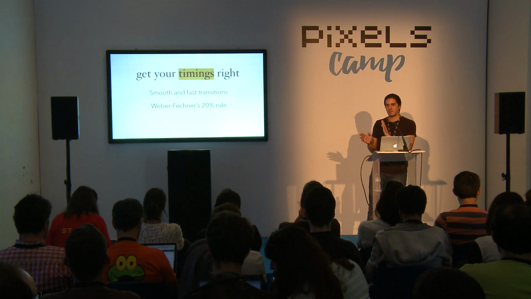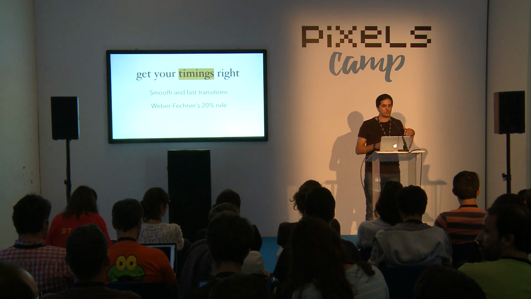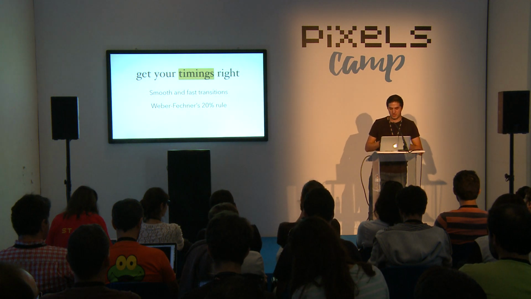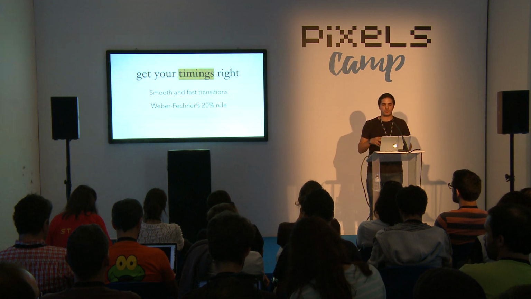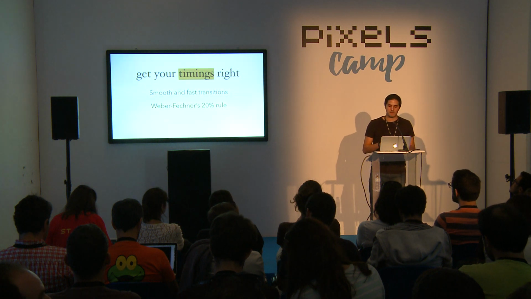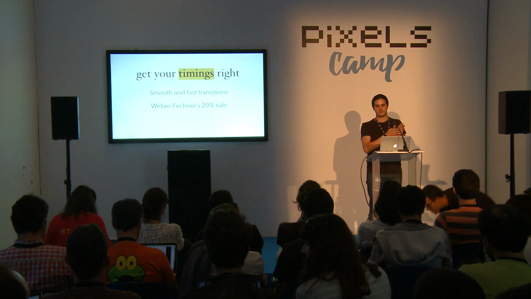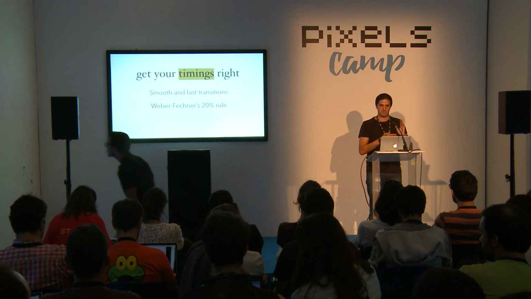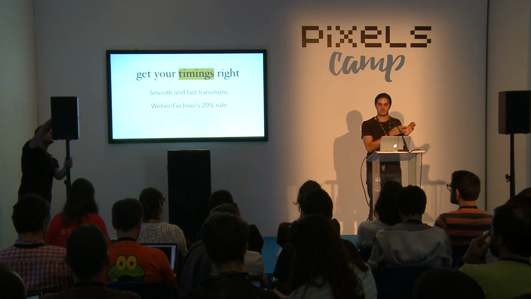When you are evolving your animations, when you're doing new things, imagine you have an accordion animation on your website, and you want to change it so the user has a better experience. Weber-Fechner's 20% rule means that the just noticeable difference between the previous animation and the new tailored animation should always be 20%.